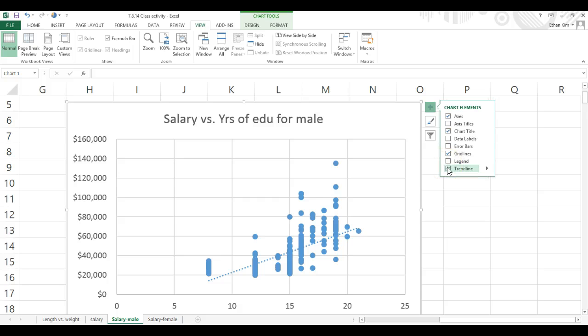Trend line, to put it in simple terms, is a line that minimizes the difference between the line and the observations, right? So we're going to build up a line where it's best fit.